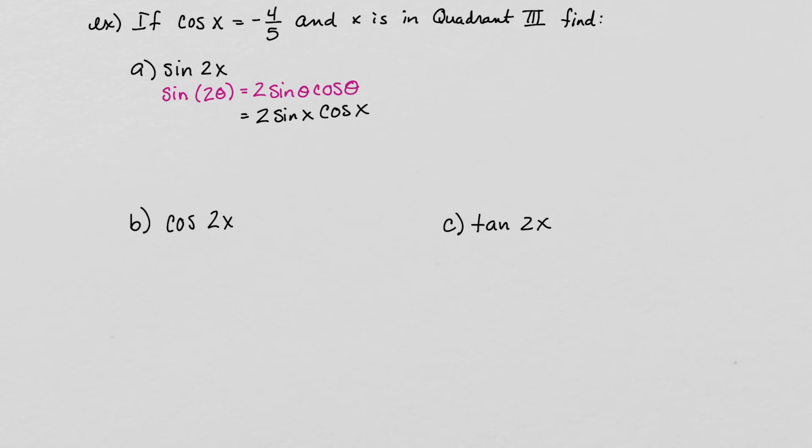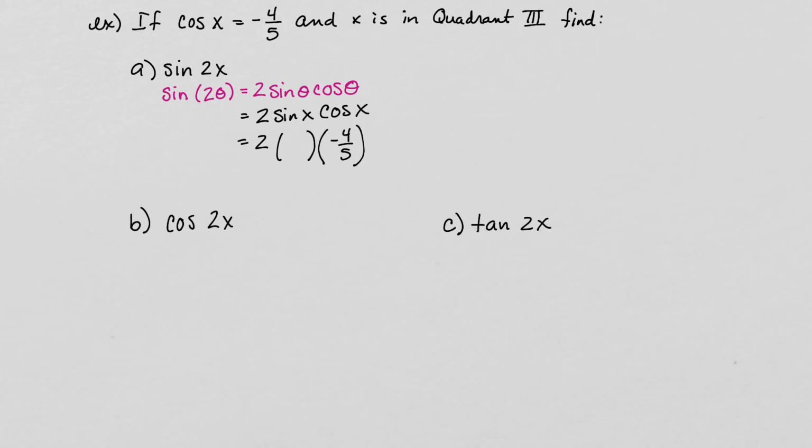The cosine of x, I happen to know is negative 4/5, right? So we're going to have 2 times something times negative 4/5. The problem is I don't know what that something is. However, they gave me enough information at the beginning of the problem to figure that out.